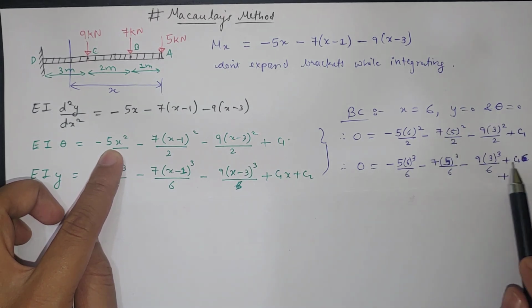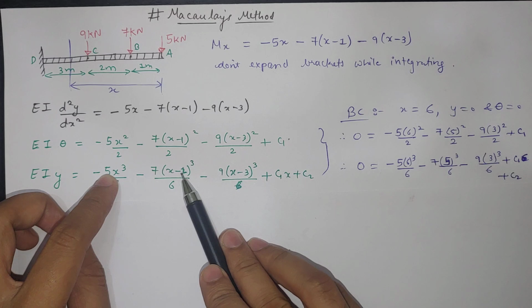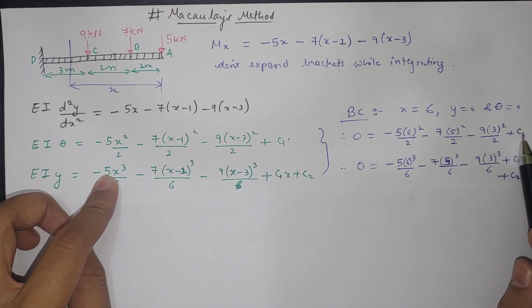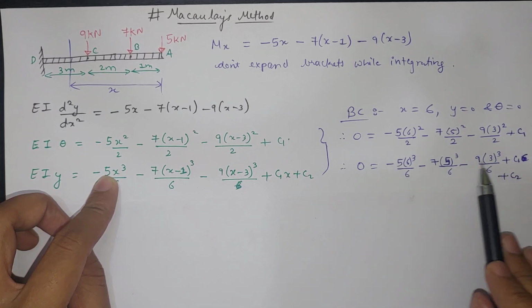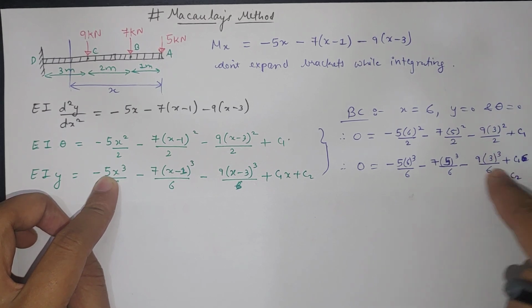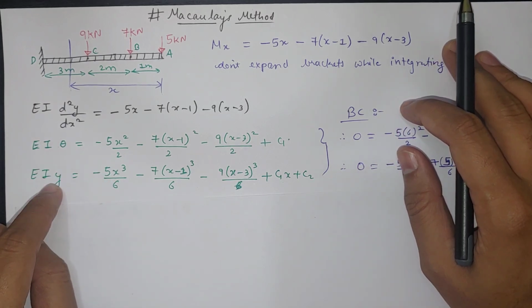Similarly here C1 into 6 plus C2, and all three terms are this 6, 5 and 3, 6 minus 3, 3. So we will get C1 from this equation. We'll use C1 here, and then we calculate C2. So C1 and C2 are calculated from this, and these two C1 C2 values we have to keep in these two equations. So we'll get a final equation of theta and y.